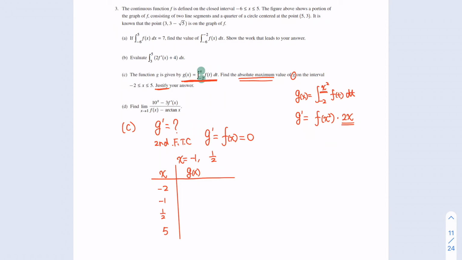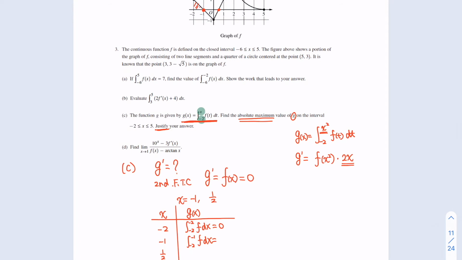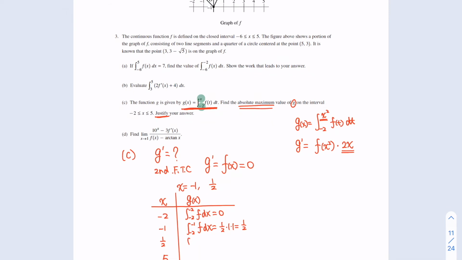When x equals -2, g is the integral from -2 to -2 of f(x) dx, which is 0. When x equals -1, the integral from -2 to -1 of f dx, if we look at the graph, is the area here: 1/2 times 1 times 1 equals 1/2.